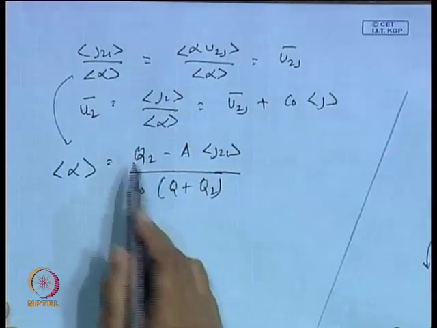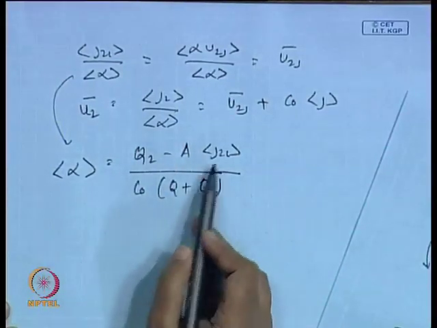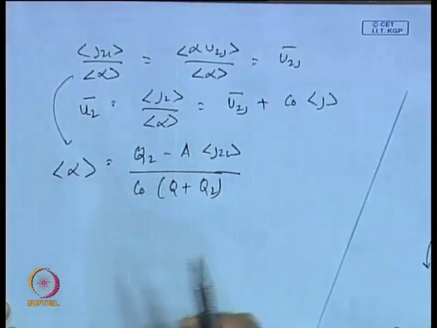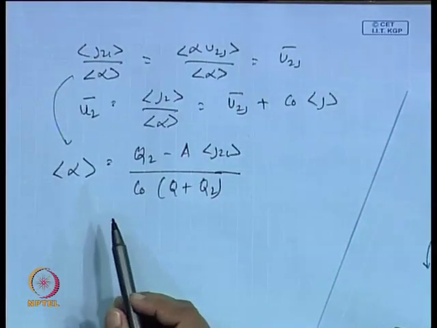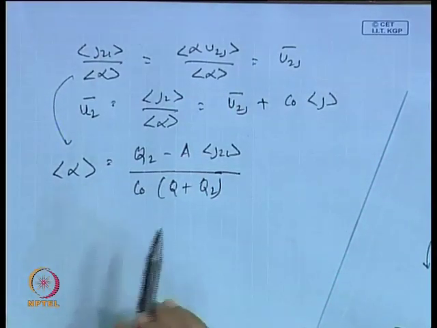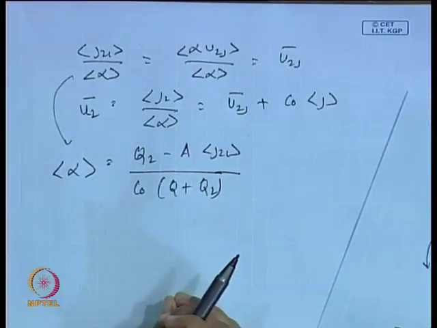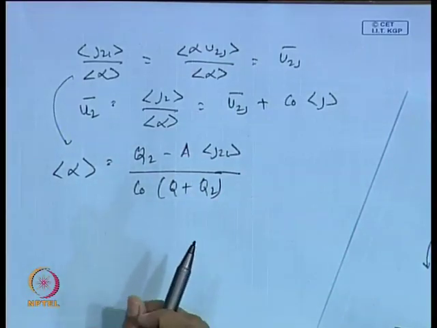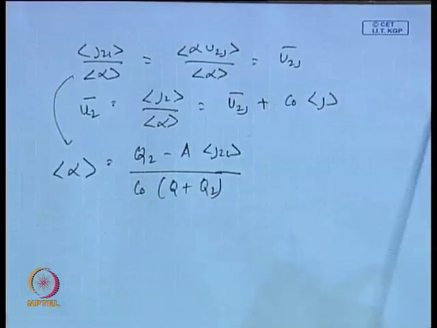So, if q2 and q1 are measured, a is known, J21 is known and C0 is known, alpha can be very well determined. Till this part, is it clear to all of you?